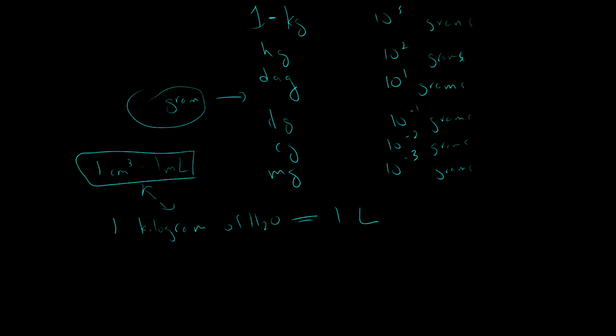They used water as the linking unit here, and so there's some nice linkage. The reason they did that is water is common on Earth, common in the things that we use. And so by doing this, they were able to create a system that was very easy to do conversions within measurement.